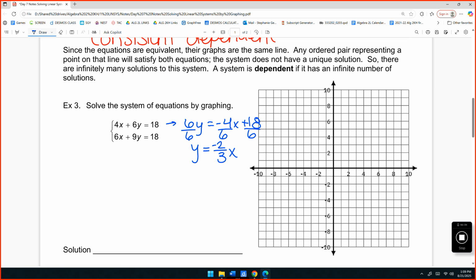And then 18 divided by 6 is 3. Okay? So y-intercept of 3. Slope of negative 2 over 3, so we go down 2, 1, 2, 3.